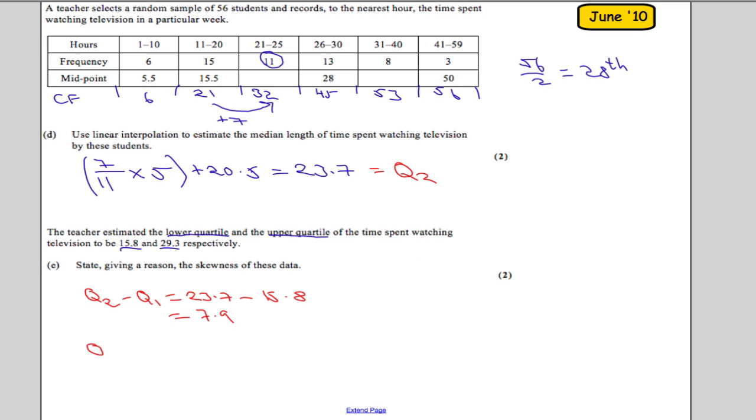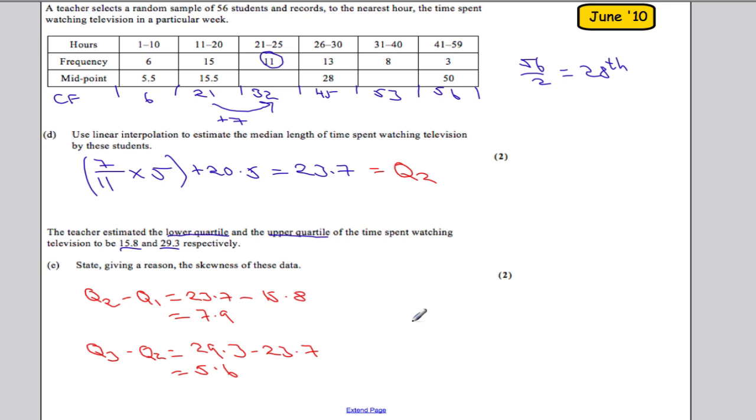And then we're going to do Q3 minus Q2, which is going to be 29.3 minus 23.7. Let's see, adding 5 on, 5.6.